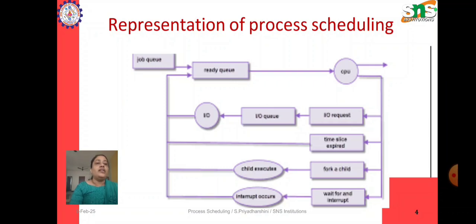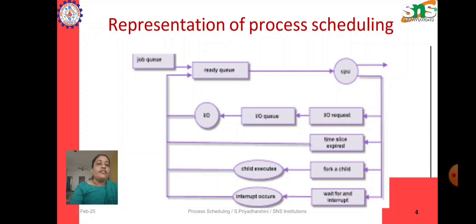Whenever the scheduler dispatches the process to the processor, the process executes smoothly and goes to the terminated state. Otherwise, different things can occur. First, when the process is in the processor, if it needs some input-output to run, then it goes to the device queue, that is, an input-output request. It executes the input-output operations needed, and then it is sent to the ready queue again for execution.